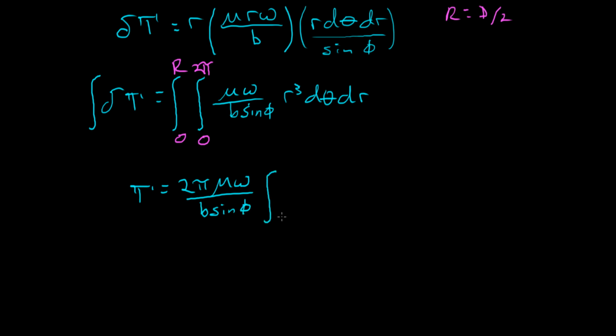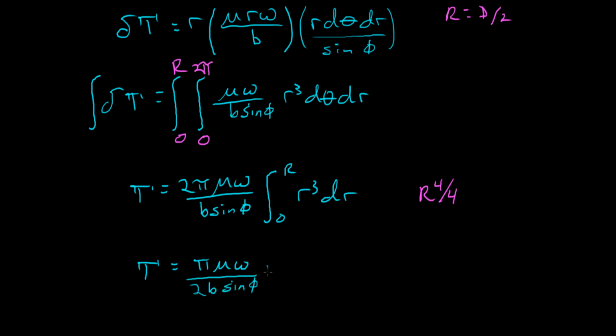And then that has to get integrated from 0 to r of r cubed dr. And the integral of r cubed is just r to the 4 over 4, right? Because we're going from 0 to r. And if you sub that in, simplify a little bit, we get that the torque is equal to pi times mu times omega over 2b sine phi r to the 4th.